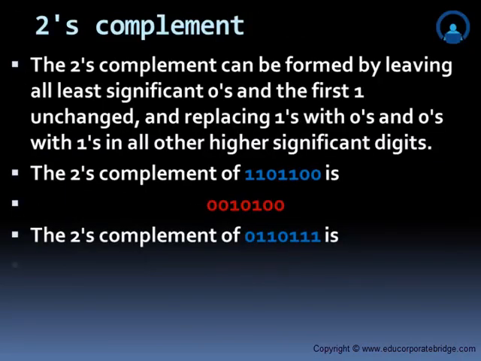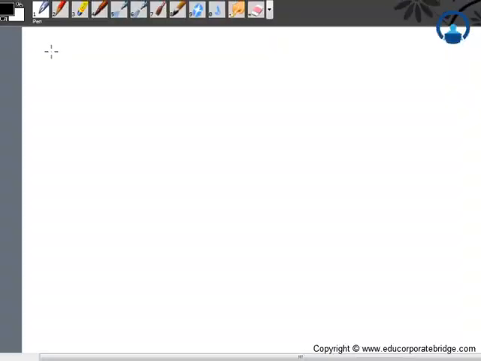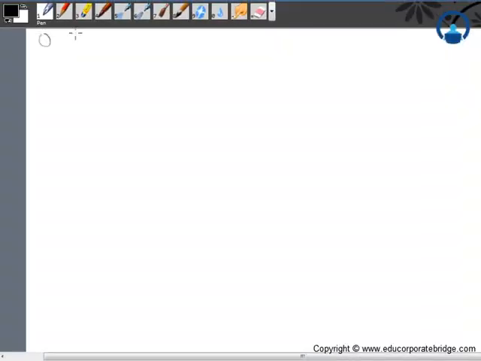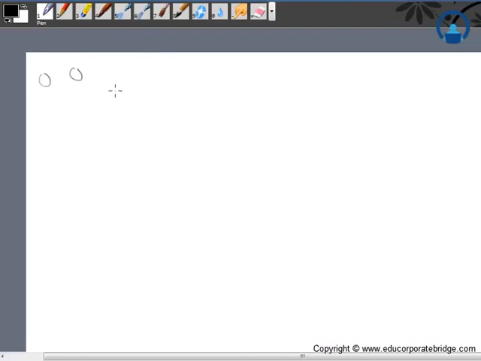Similarly, 1's complement can also be found. Let's take the example 100101.